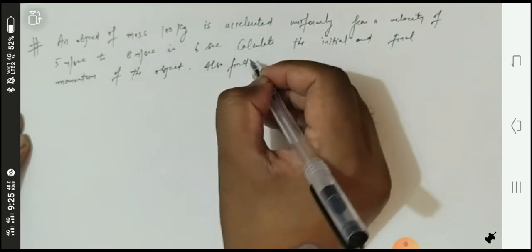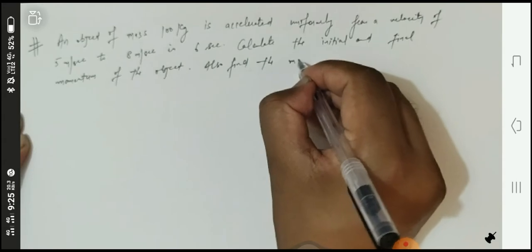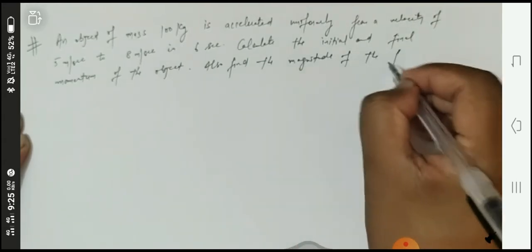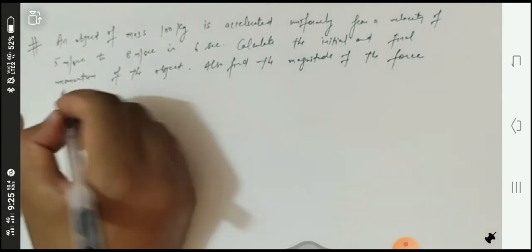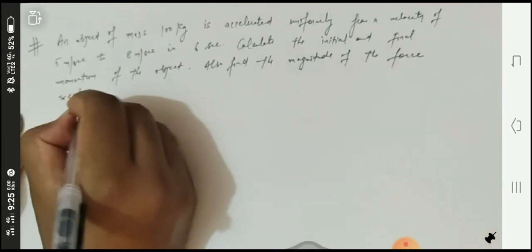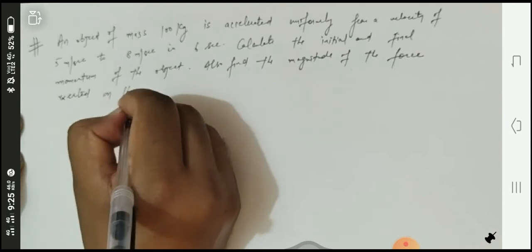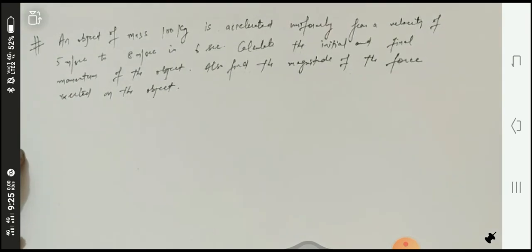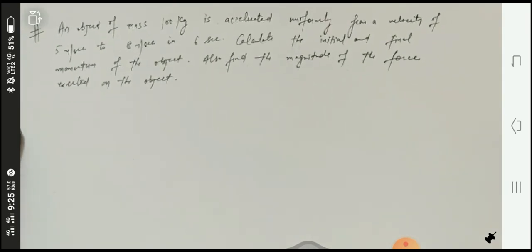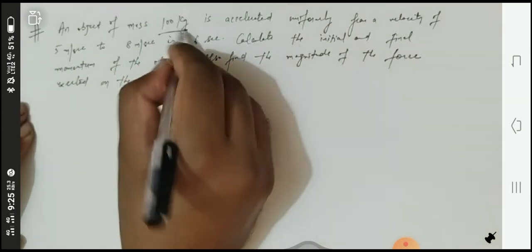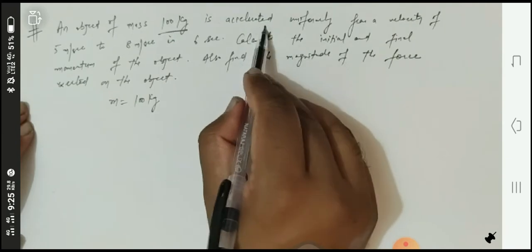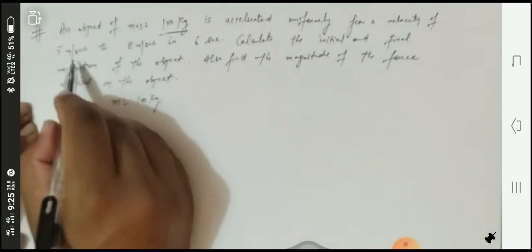Also find the magnitude of the force exerted on the object, right? So an object of mass 100 kg is accelerated uniformly from a velocity of 5 meter per second to 8 meter per second.